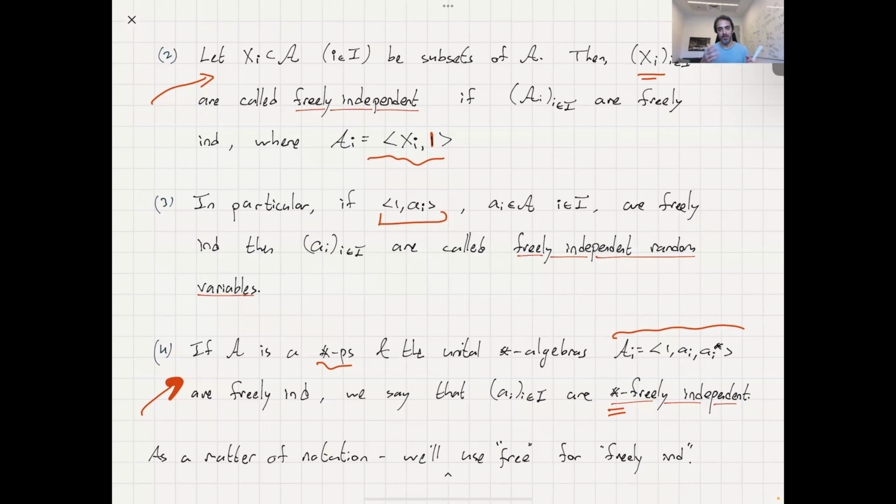Namely, A and B are star freely independent, but we are just going to say freely independent usually if we have the context of star probability spaces, if the algebra generated by 1, A, A star and the algebra generated by 1, B and B star are freely independent. Okay, good. And we'll stop saying freely independent all the time, and we're just going to say free. So A and B are free, rather than freely independent. Good.